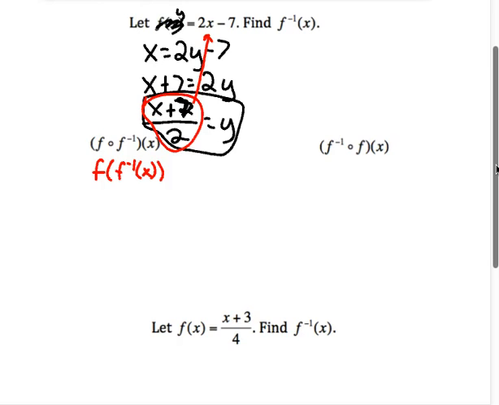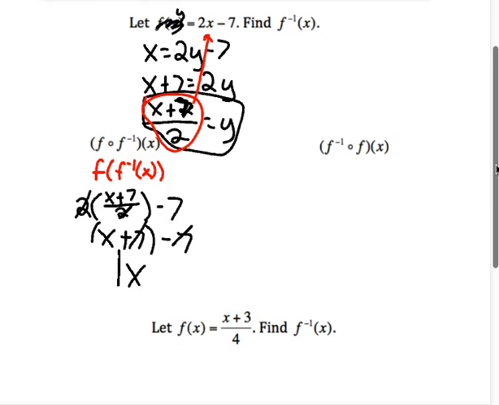So I'm going to start writing out the original, and then wherever I see the x, I put the inverse. Okay, so now these 2's cancel, so I get x plus 7 minus 7, and I just have an x left.